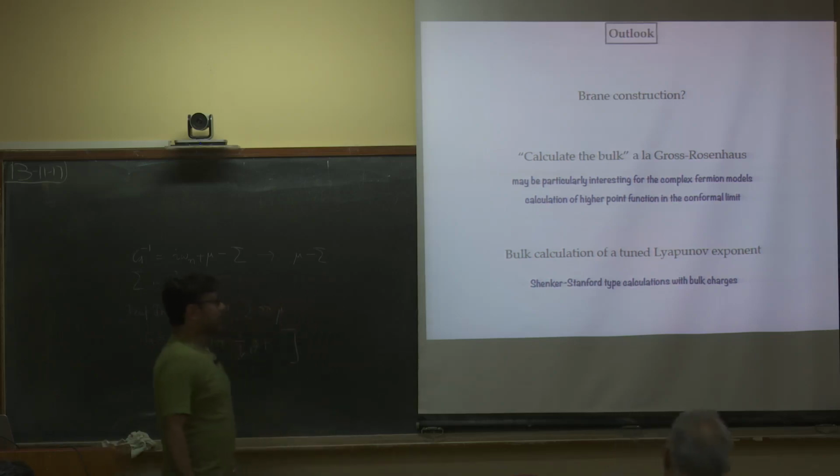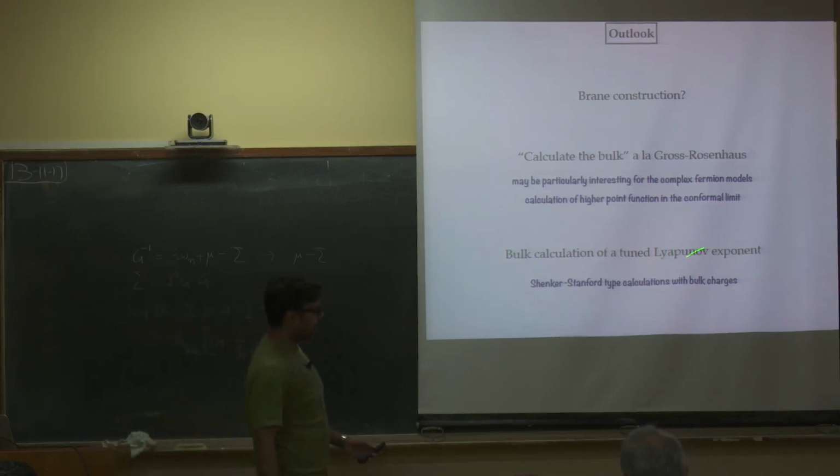And of course, this question of seeing how the Lyapunov exponent changes or responds to conserved charges, this part is something I am not quite sure about, but it looks like you might be able to do some calculations along the lines of Shenker and Stanford with black holes. But this is the part that confuses me.